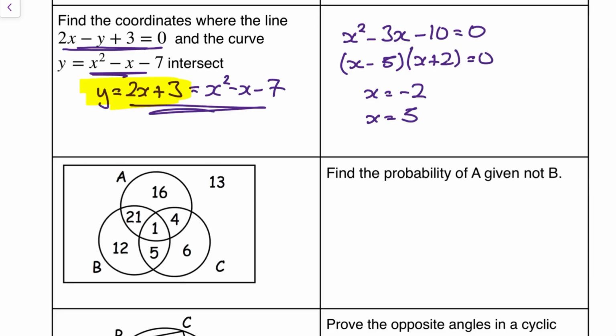So if x equals minus 2, times 2 is minus 4, plus 3 is minus 1. So y equals minus 1, and put 5 in. So 5 times 2 is 10, plus 3 is going to give me y is equal to 13. So my solution is going to be minus 2, minus 1 or 5, 13. And that's the question done. Next question.